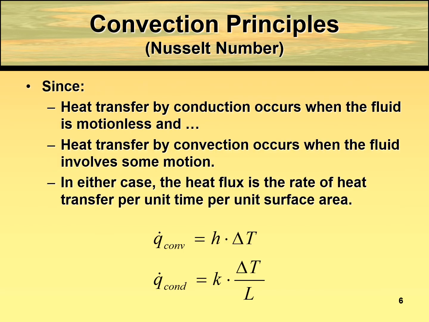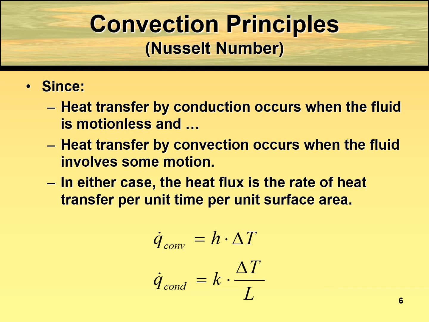This is actually the ratio between the heat of convection and the heat of conduction. Heat transfer by conduction occurs when the fluid is motionless and in contact, and heat transfer by convection occurs when the fluid involves some motion.